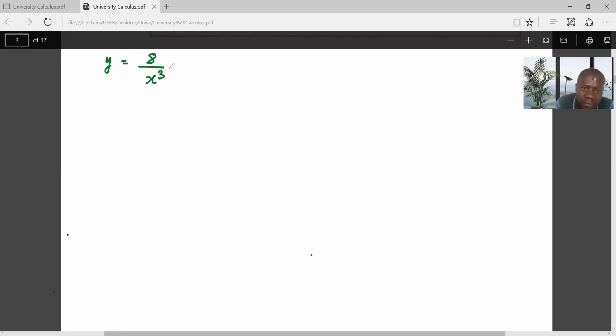We want to determine y prime, or what is called dy over dx. Obvious? Number one, we can use the first method of what you have learned in grade 12, simplifying the expression first.